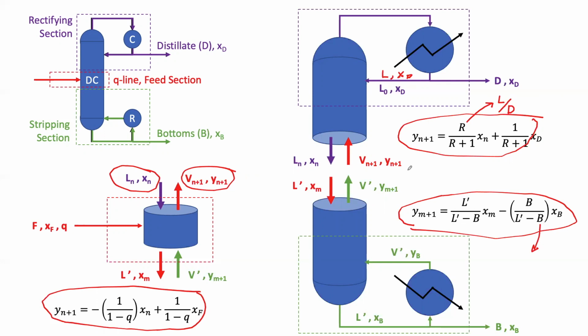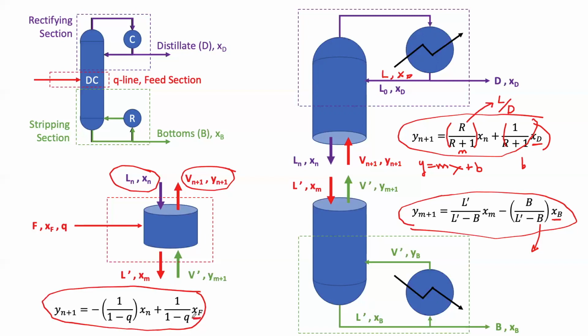You can notice all of these equations are essentially set up in the form of y equals mx plus b. Each of these first parts here are your slopes, so those are your m's, and these whole second terms right here are essentially your y-intercepts, because things like the molar fraction of the lighter component in the distillate stream are a constant, and it'd be a constant here as well.